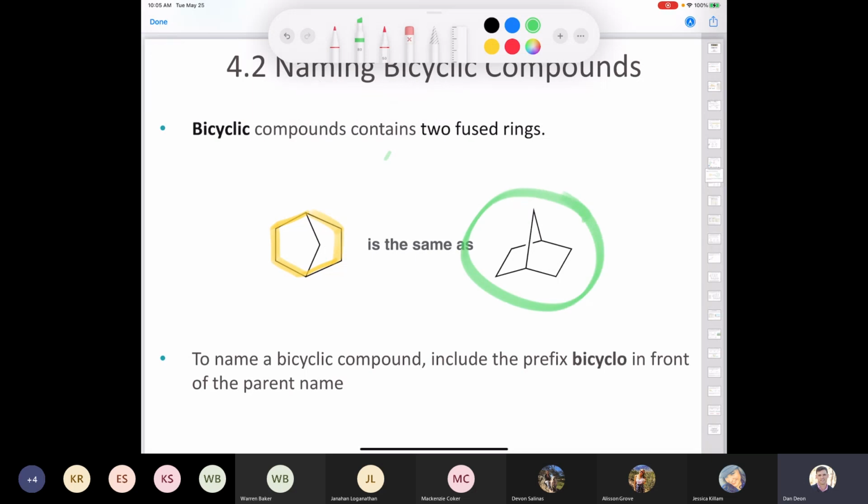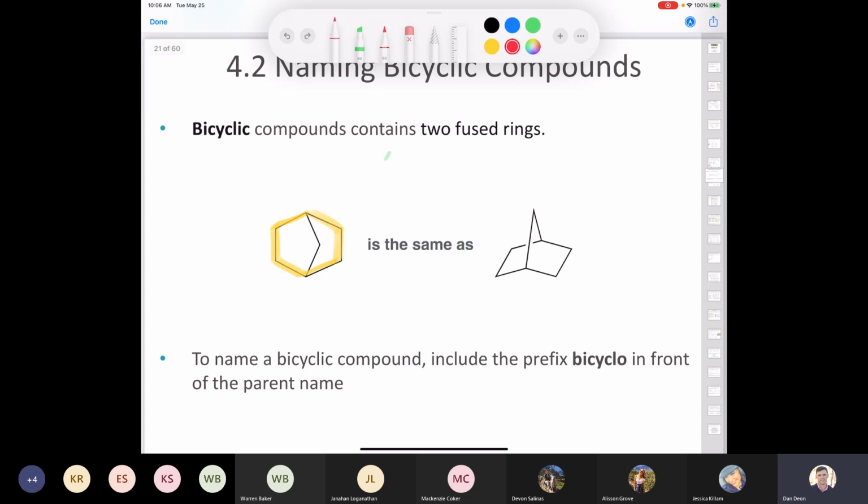How many total carbons are in that molecule? Yeah, exactly. There's 7 carbons, aren't there?